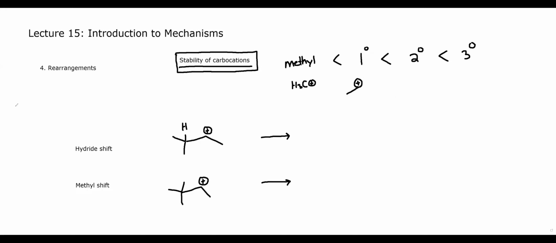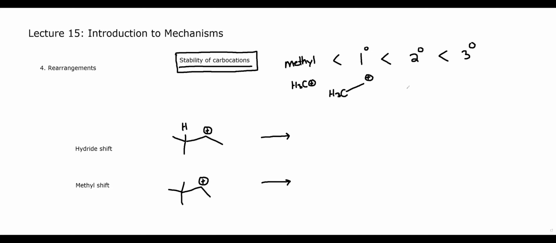Let me draw that a little more clearly. Just a single carbon with a positive charge. So this single carbon is connected to a CH3. And then this carbon on the end has 2 hydrogens, 1 carbon. So this would be a primary carbocation.